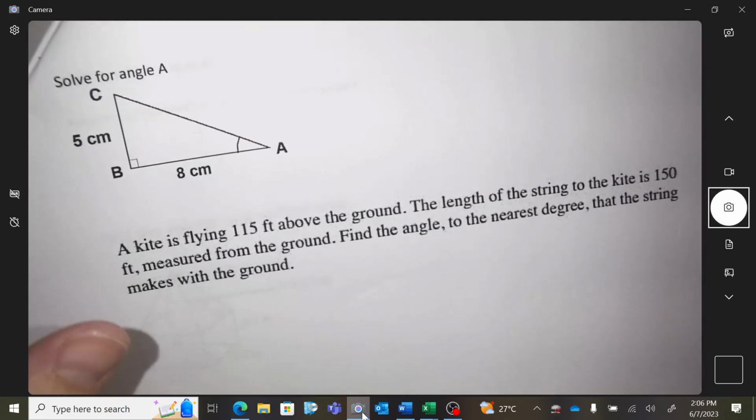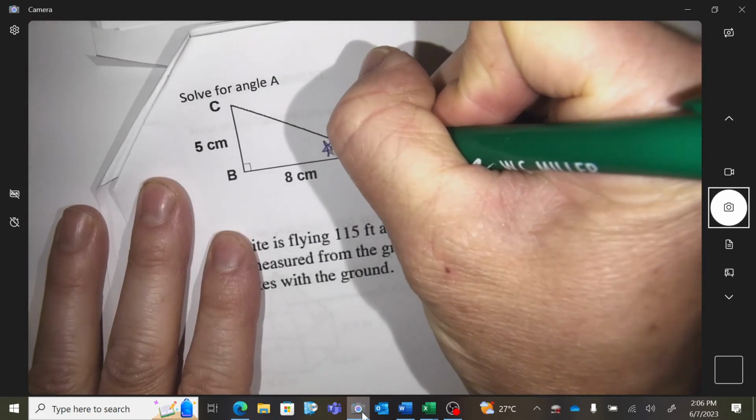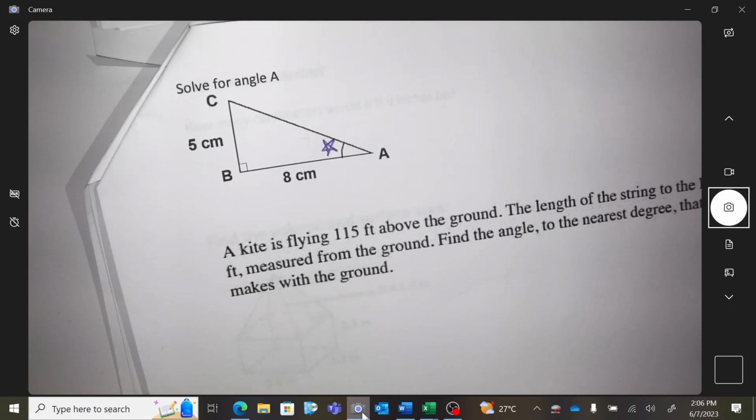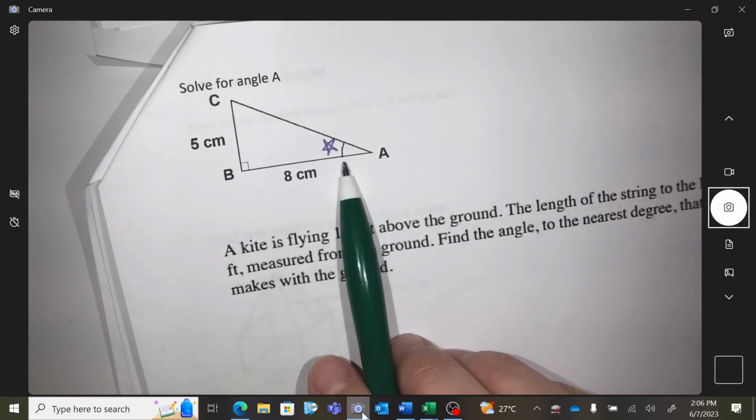Okay, give me an O, A, and H again. And we're trying to find that one. This is the angle that we're talking about. So give me the opposite of this angle. Give me the adjacent to this angle.